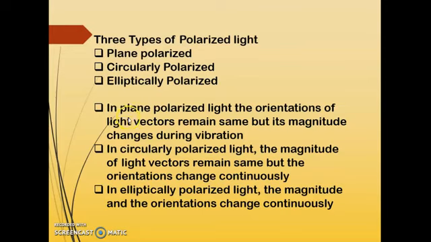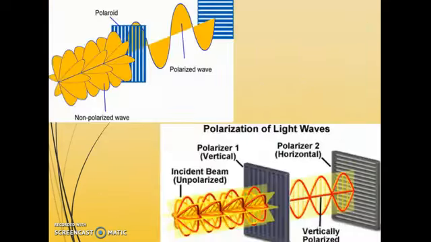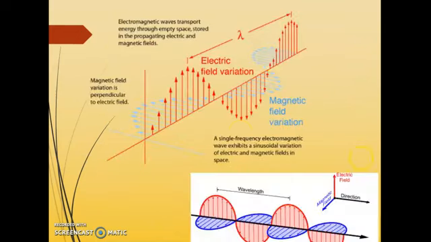Now we have already seen in plane polarized light, the orientation of the light vectors remains the same, but its magnitude changes during vibration. Do you remember that diagram of the electric field? Let's go back once again and check that diagram. This is a particular plane, isn't it? This particular plane will be allowed to pass through a polarizer. So what happens?